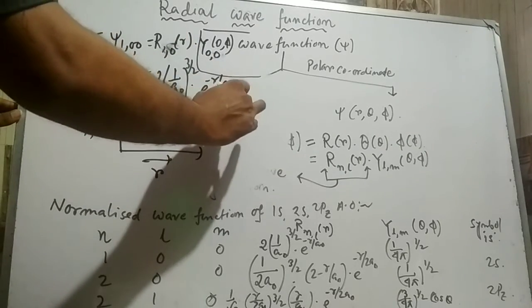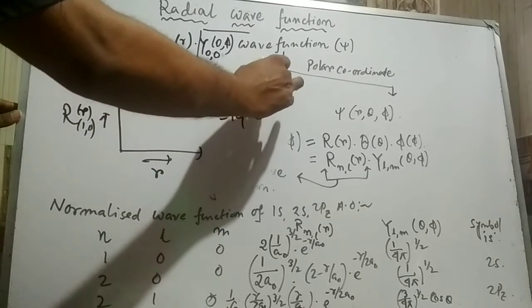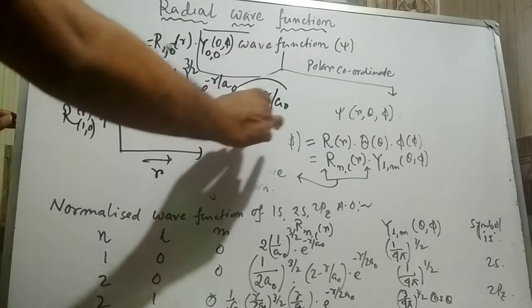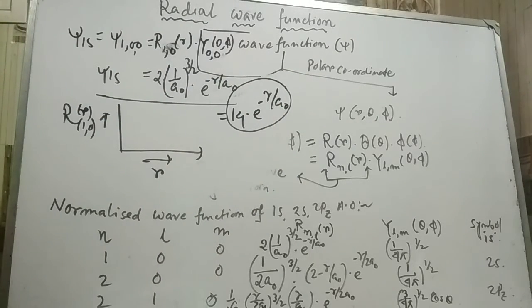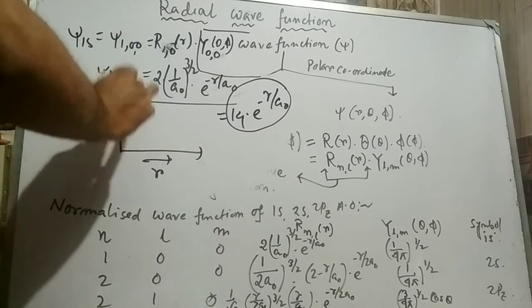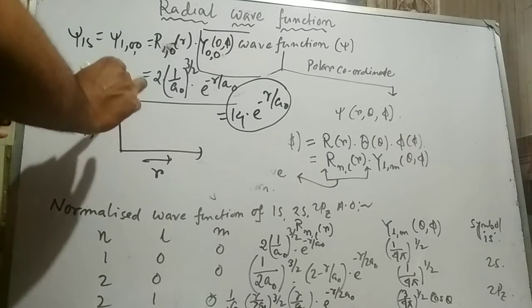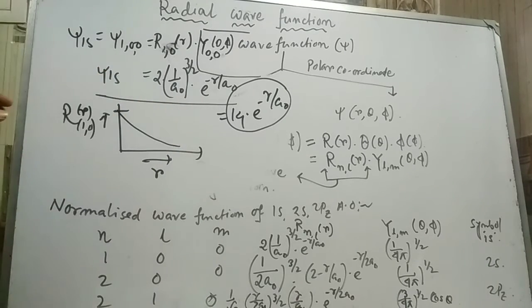The prefactor is a constant, k1 e to the power minus r by a0. So an exponential curve is obtained, starting from this point, and this is a decay.